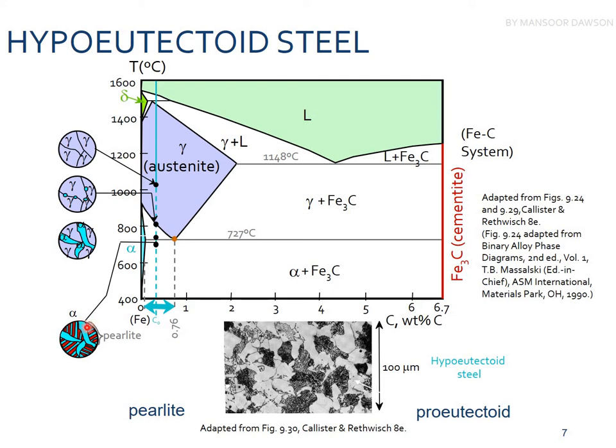This broader sea green grain is the pro-eutectoid alpha phase, and in the lamellae the red ones are cementite and the sea green ones are ferrite. So this is called the hypoeutectoid steel, in which you have the pro-eutectoid alpha or ferrite phase.